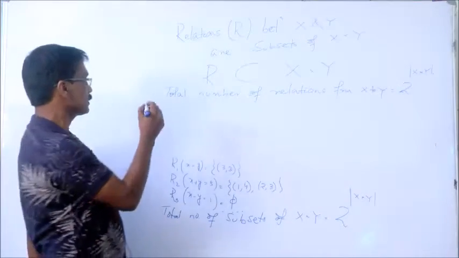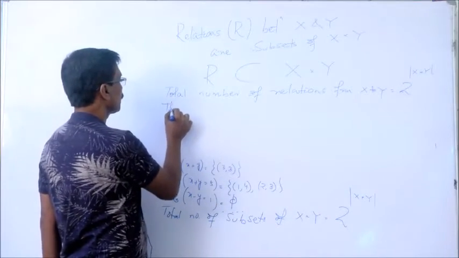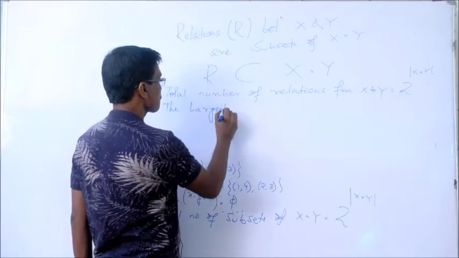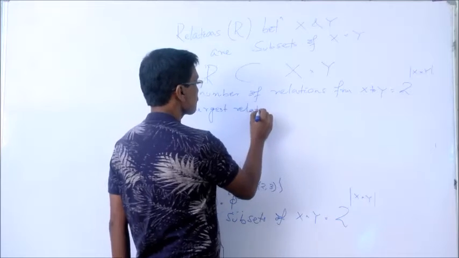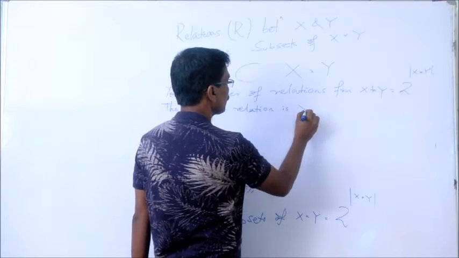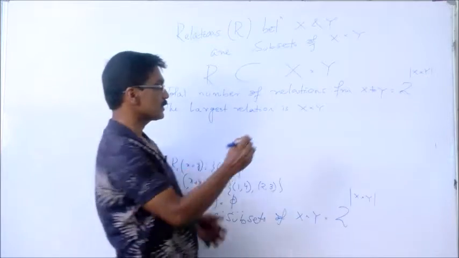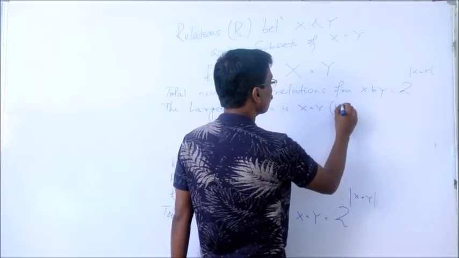And out of this, the largest relation is X cross Y. It is the largest relation. We call it a universal relation.